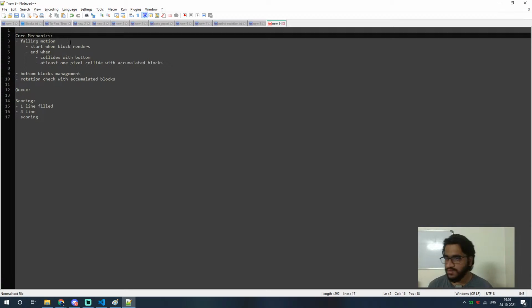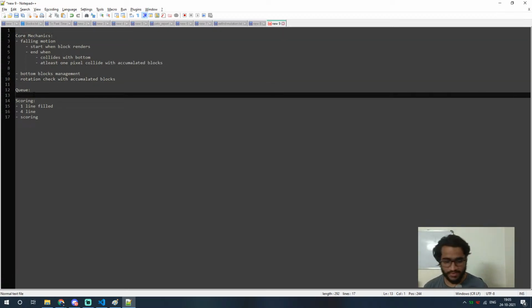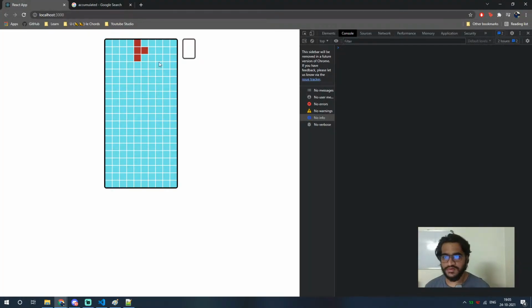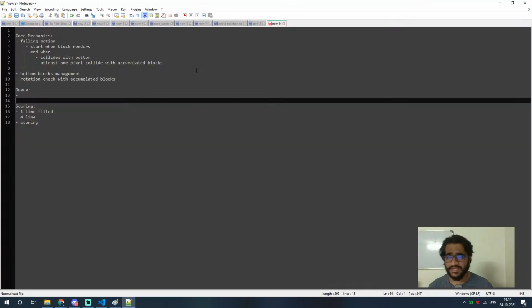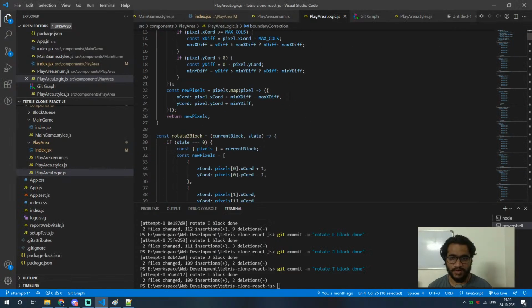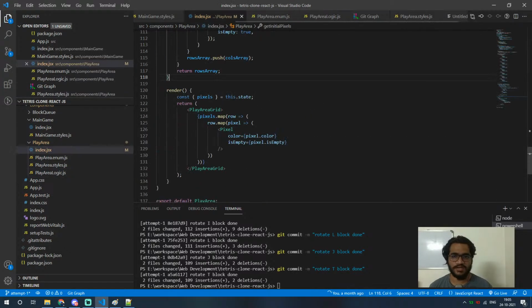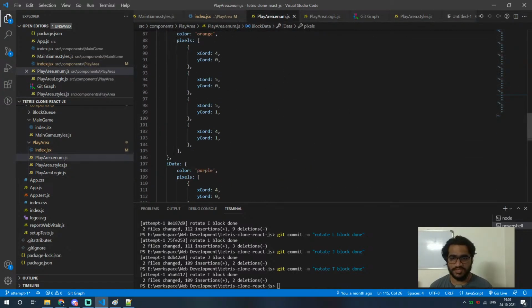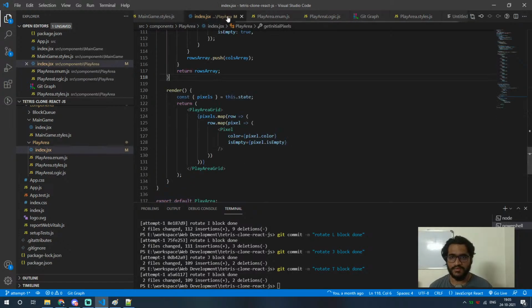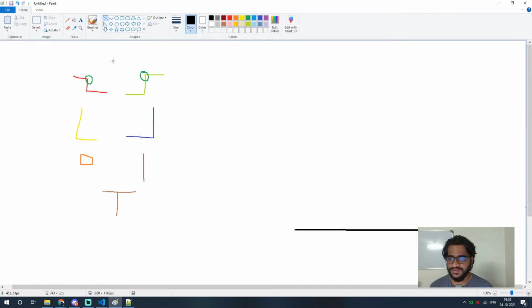Once we are done, we will remove that code, and then we will work on queuing, which would be a queue of maybe 4 to 5 blocks, which we will show beforehand. They would be randomly picked from our current blocks, which are I and all these blocks.